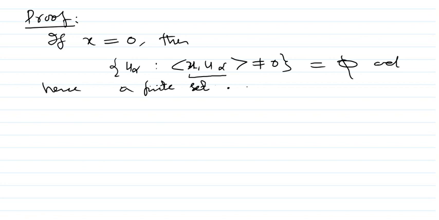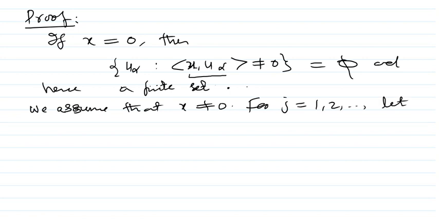So we assume that x is not equal to 0. So let's see this for j varies from 1 to infinity.